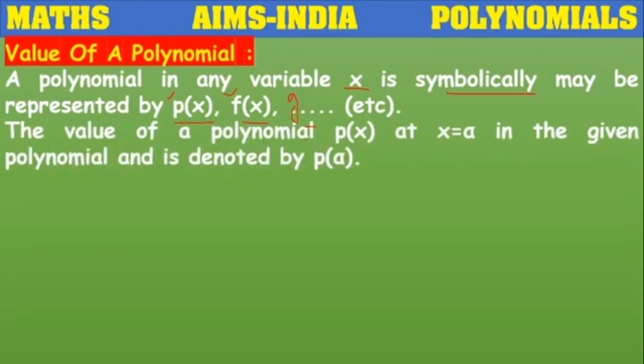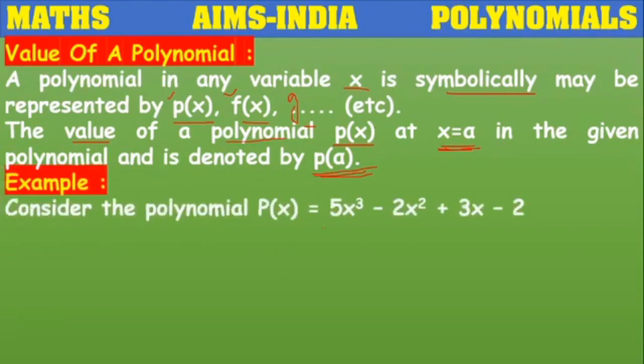If the value of variable x is alpha, then at alpha the polynomial will have some value, and that value is denoted by p of alpha. Means p of alpha is the value of the polynomial p of x at x equal to alpha.